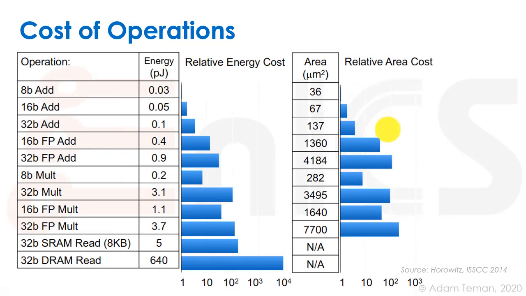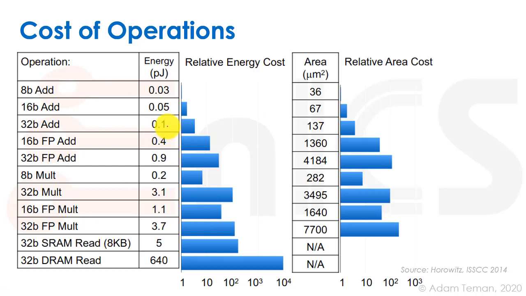So in ISSCC 2014, Mark Horowitz of Stanford showed this graph that we actually showed a bit earlier, at least part of it, and we see that adds are much cheaper than multiplications, and everything is much cheaper than memory access. But also within them themselves, when we use an 8-bit versus 16-bit versus a 32-bit add, we have an order of magnitude change in the amount of power it costs, and we have something like that in the amount of area it costs to make the adder.